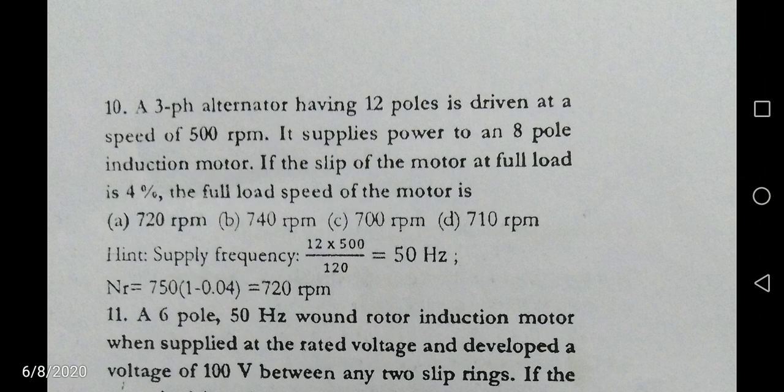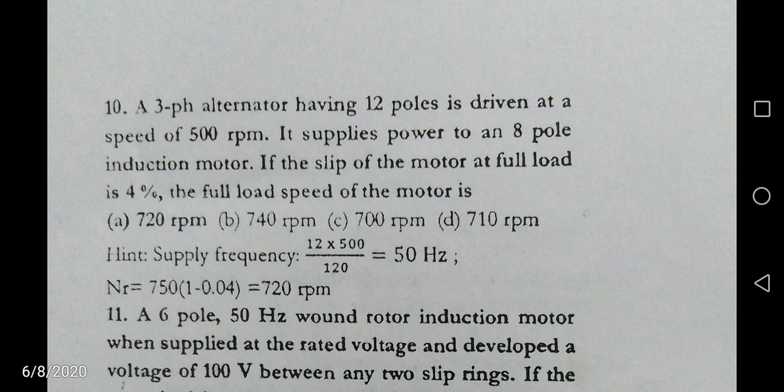See, the three-phase alternator having 12 poles is running at 500 rpm. If the slip of the motor at full load is 4%, what is the full load speed of the motor?